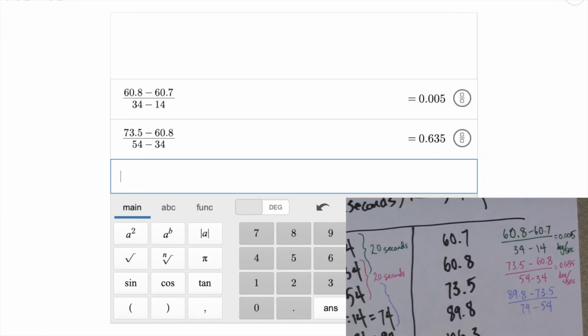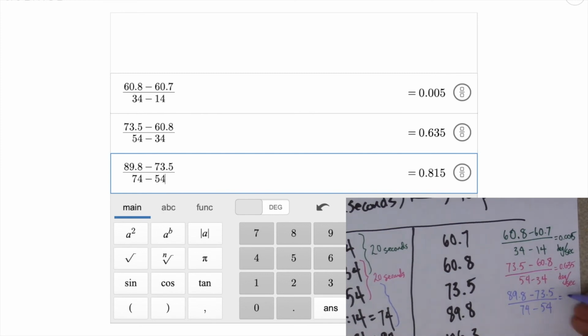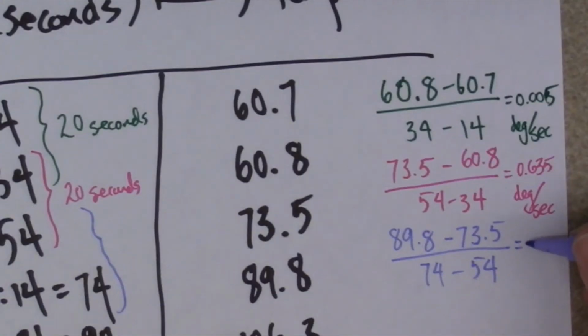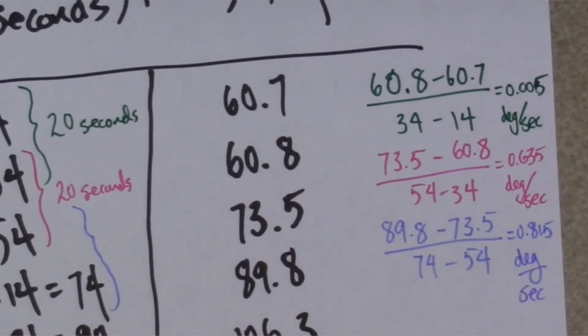And as my final example, when I take 89.8 minus 73.5 divided by 74 minus 54, now the temperature is increasing on average at a rate of 0.815 degrees per second.